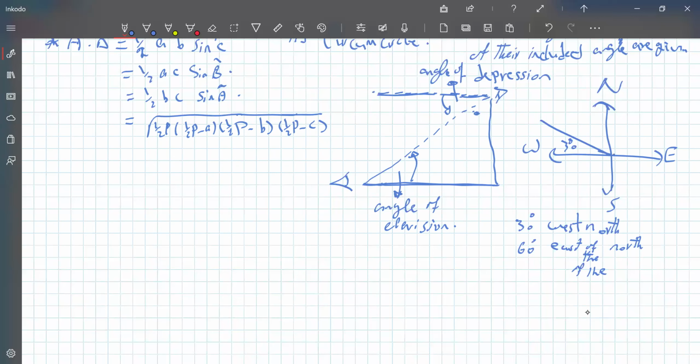So between east and north, this is the direction. What about 6 degree with east or with north of the north? So it will be with the north. Okay.